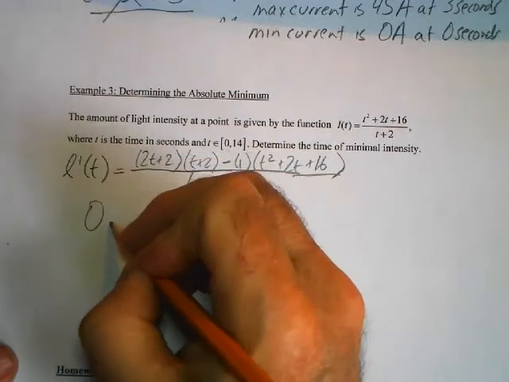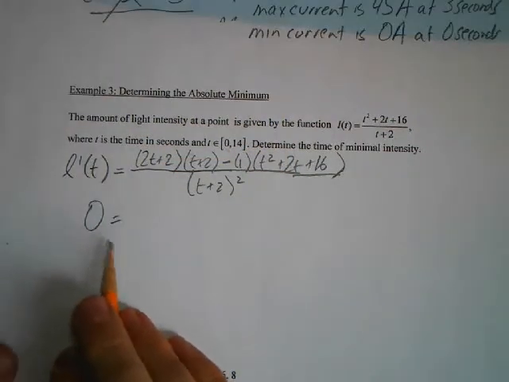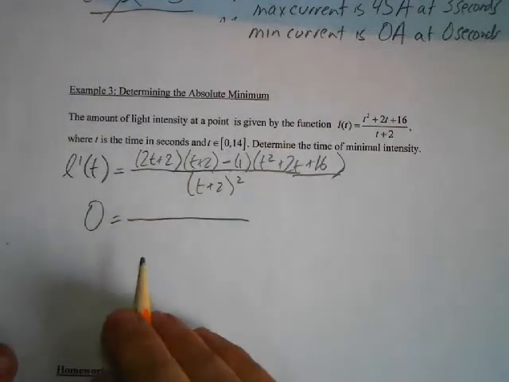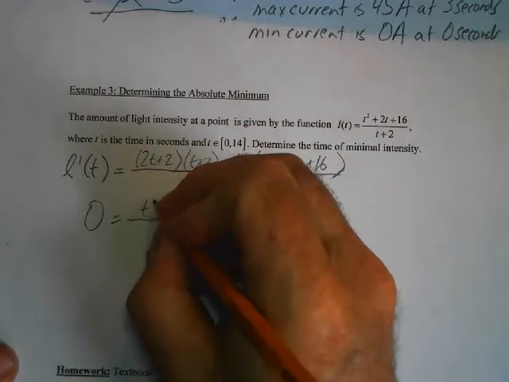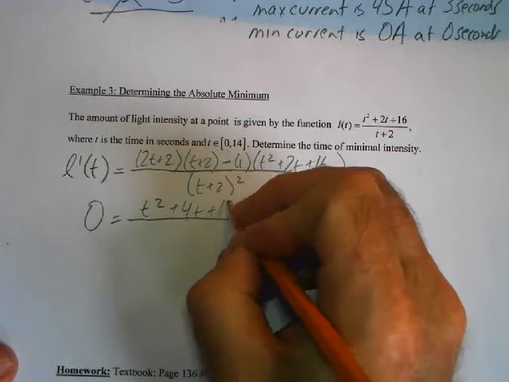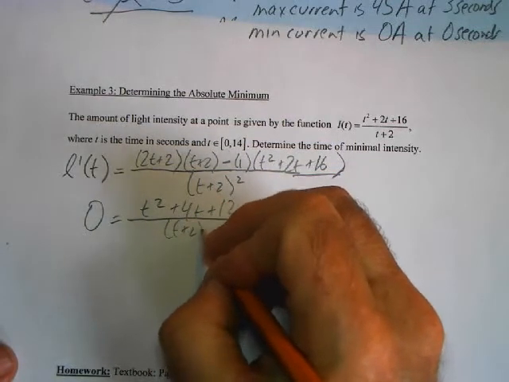And I'll set this to 0 now, because once I simplify this, I'll just cut to the chase here. That works out to t squared plus 4t plus 12 over t plus 2 squared.